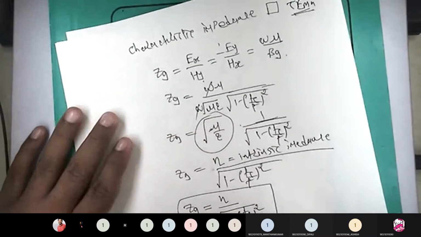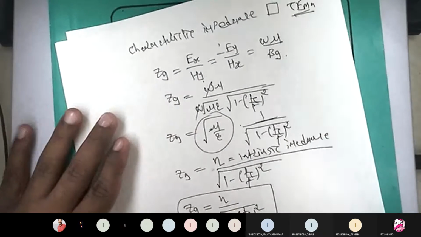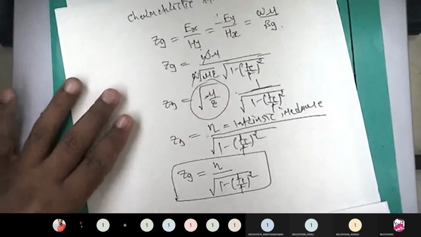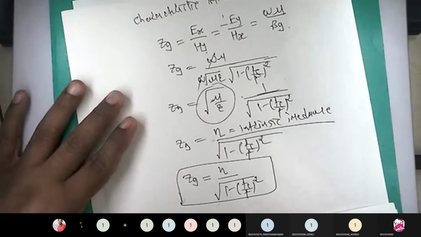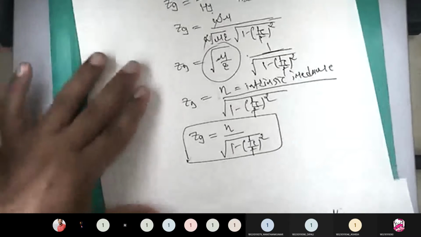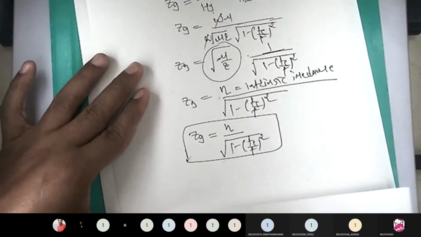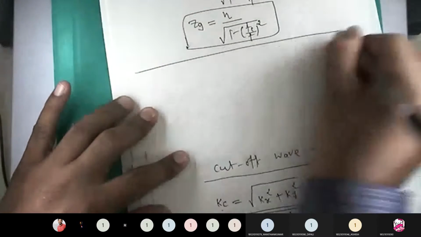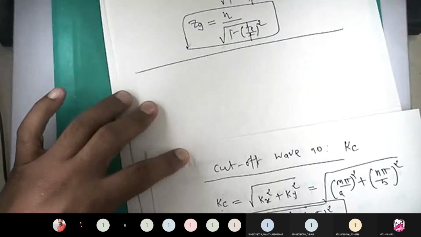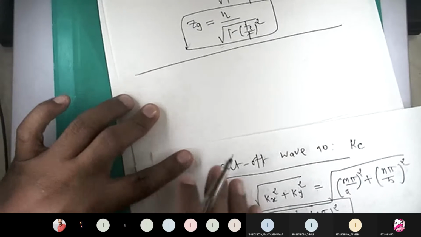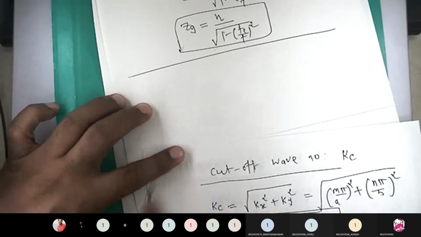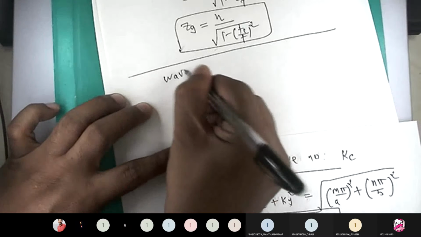But with this, I think now we have seen each and every major parameter. Still, we can discuss one more parameter, and that is nothing but the wavelength in the guide.